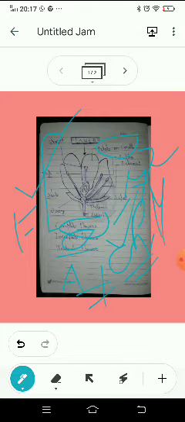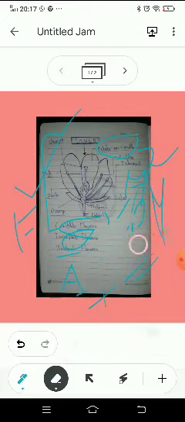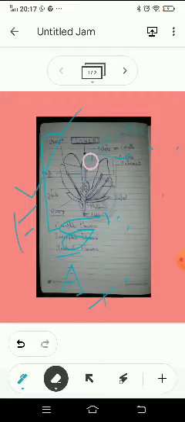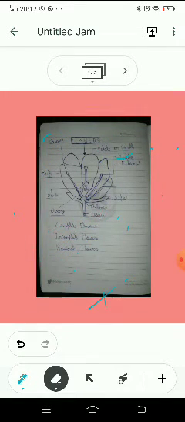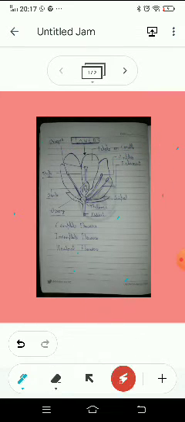So let me first clear all these things so that after watching this video you won't get confused, and let me give a recap of this page. Point number one: flowers are angiosperms, and their function is to form seeds that grow into plants. Four parts: calyx, corolla, androecium, gynoecium, present on the thalamus.